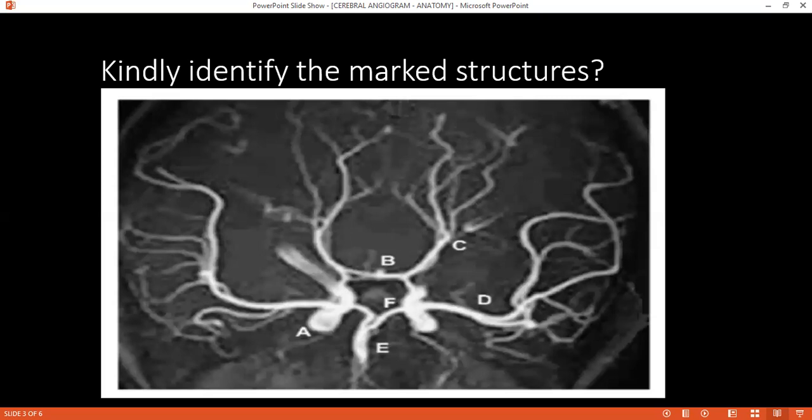The internal carotid arteries give the posterior communicating artery, which joins the posterior cerebral artery. The internal carotid artery gives many branches like the middle cerebral artery, but the most important is the anterior cerebral artery, which joins the other anterior cerebral artery by the anterior communicating artery. So the circle of Willis is formed around the optic chiasma and the pituitary gland to give blood supply to the corpus striatum, cerebrum, midbrain and pons.